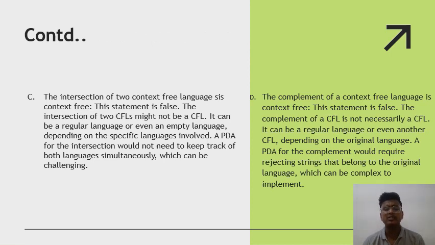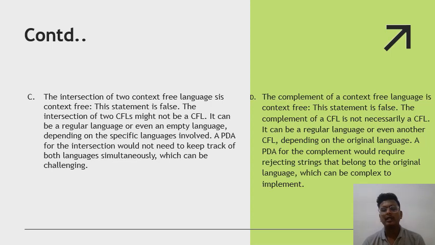The third statement is false. The intersection of two CFLs might not be a CFL. It can be a regular language or even an empty language, depending on the specific languages involved, but it cannot always be a context-free language. And the fourth statement is also false. The complement of a CFL is not necessarily a CFL.